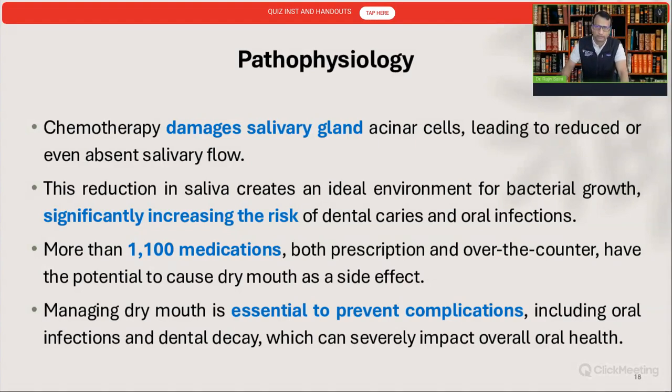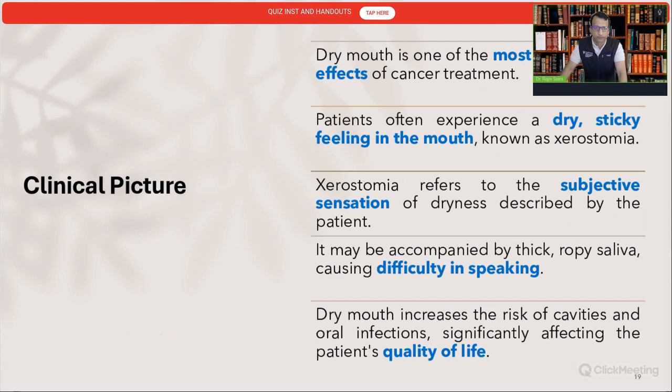On top of that, if the patient is dealing with radiation therapy or chemotherapy, the situation becomes worse. Additionally, if there are other conditions such as autoimmune diseases, uncontrolled diabetes, or hormonal changes in women, the condition becomes even worse. So xerostomia is really a big deal for patients dealing with cancer treatment.